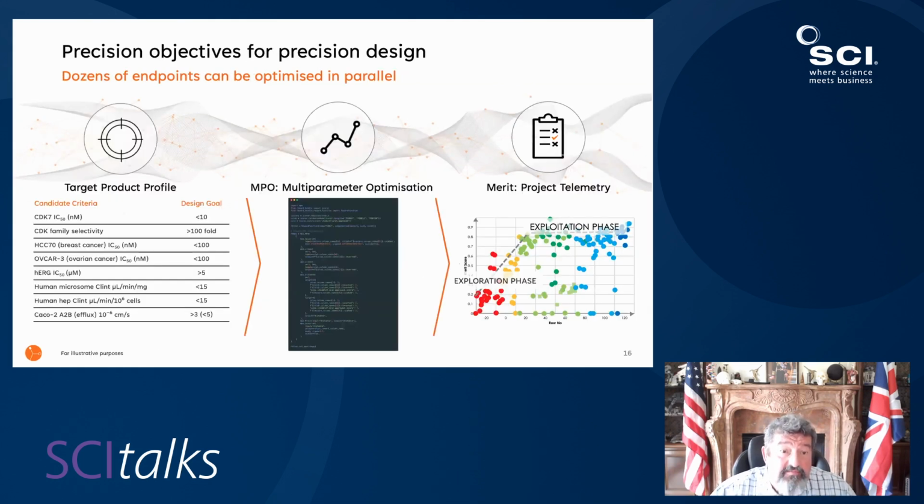I've mentioned the target product profile in the past. This is an example simplified TPP from our CDK7 program. And we developed and continue to develop automated approaches to rationally generate these target product profiles. They're clearly different in different settings.